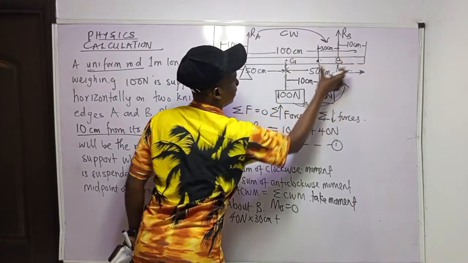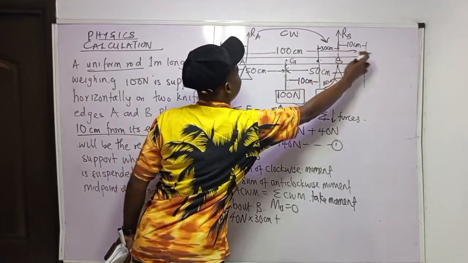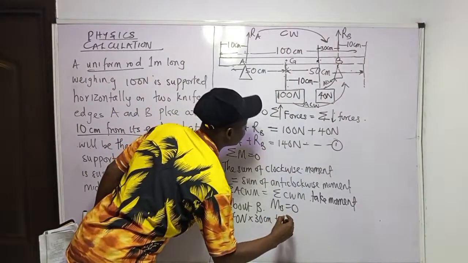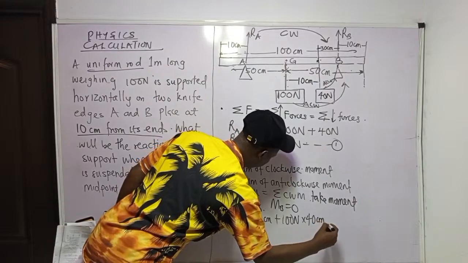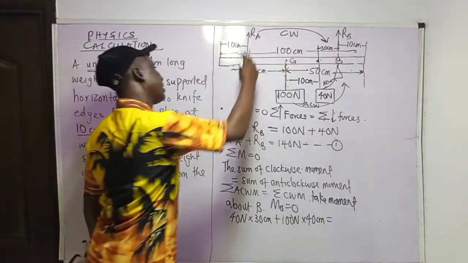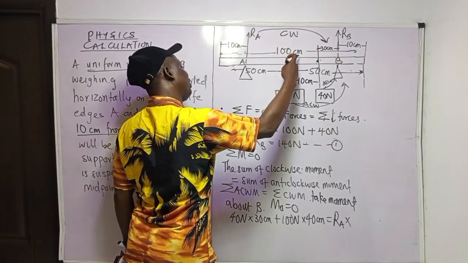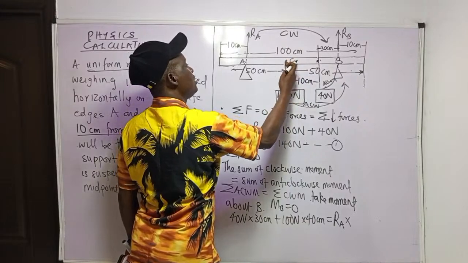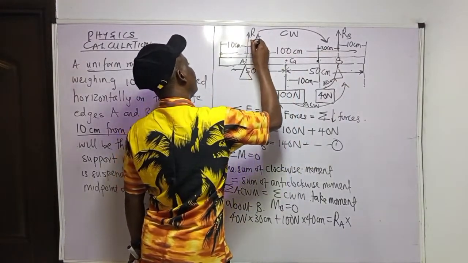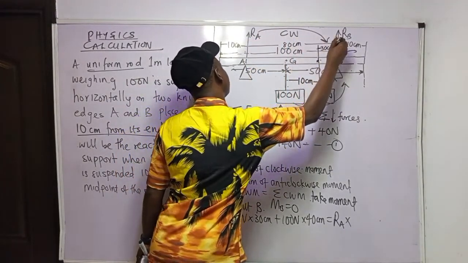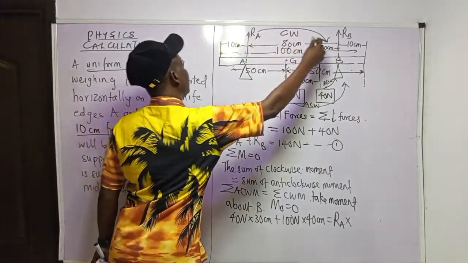Recall that here is 10 and everything to this place is 50. So from here to here is 50, here is 10, and from here to here is 40. So 100 Newton weight of the rod times 40 centimeters equals the only anti-clockwise you now have, RA times the distance from here to here: 40 plus 40 gives us 80 centimeters.